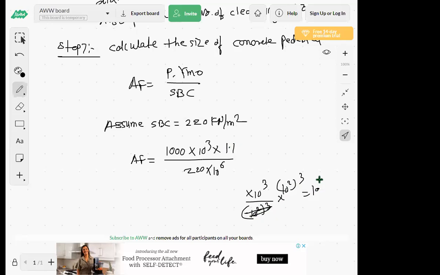So this value will be 10 raised to 9. Is this correct? How much is this calculation correct? 10 raised to 9 or 10 raised to 6?